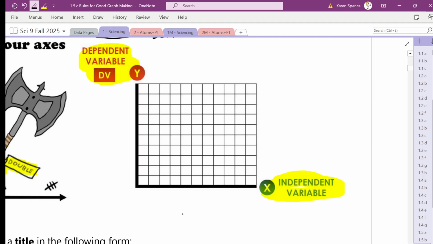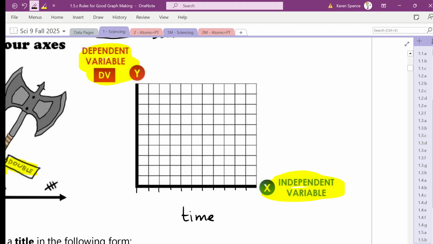Time. So we're going to label this axis, and we're going to leave some space, because very often we'll have to put little ticks on here and start numbering them. So we need to leave some space for numbers. Okay, so don't write time right up here, because otherwise you've gotten in the way of writing your numbers. So we're going to write time just a little bit lower.